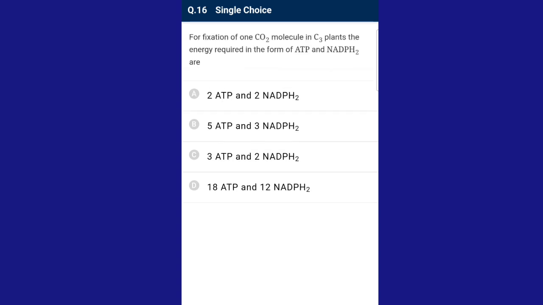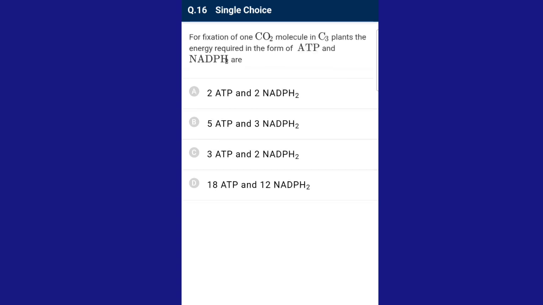Question number 16. For the fixation of one carbon dioxide molecule in C3 plants, the energy required in the form of ATP and NADPH2. The reduction of carbon dioxide to carbohydrate needs assimilatory powers such as ATP and NADPH2 in Calvin cycle.